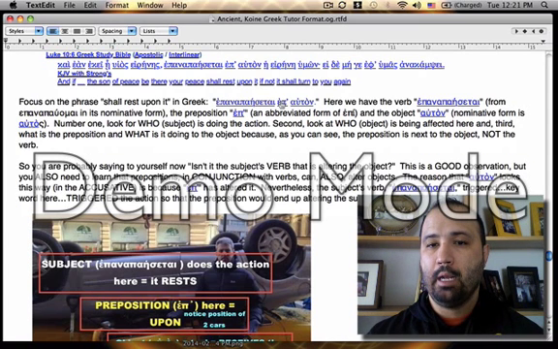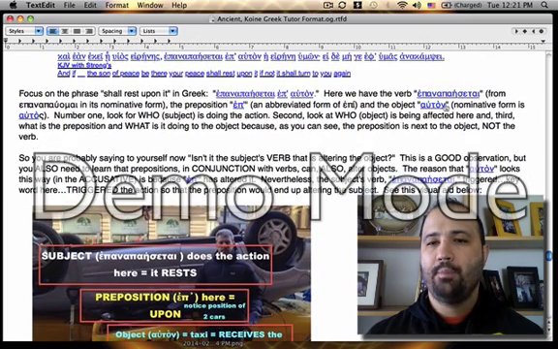Ep is what we're looking at here. Its regular form is epi, epsilon pi iota. Here we have the verb ἐπαναπαύσεται from ἐπαναπαύομαι in the nominative form. The preposition ep, which is abbreviated, its real form is epi. And of course we have the object, afton. Nominative form is aftos. This is, again, accusative.